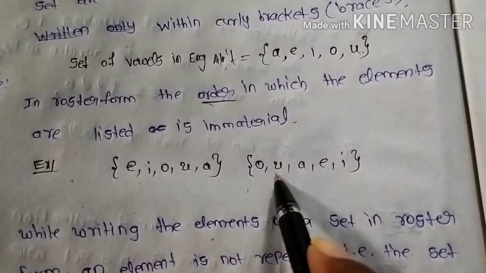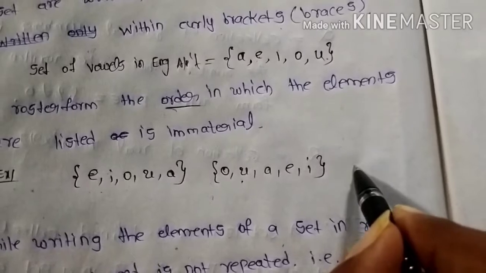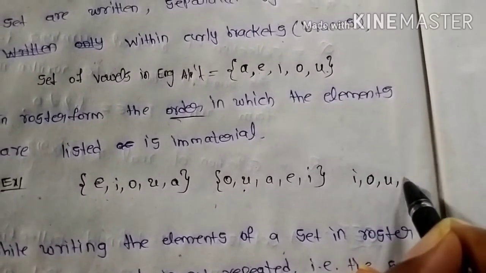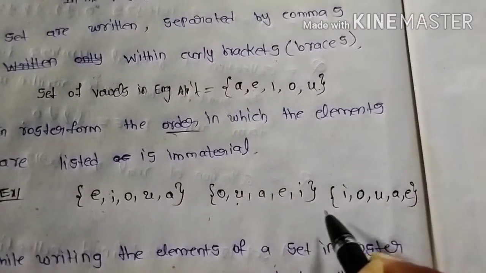We can write anyway. If another person writes one more way, I, O, U, A, E, your wish, you can write anyway.